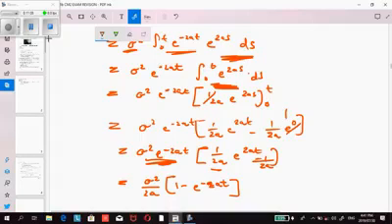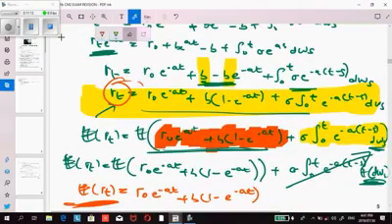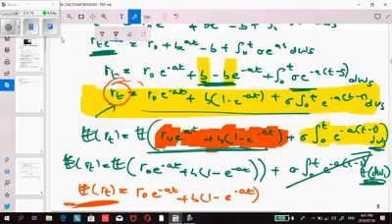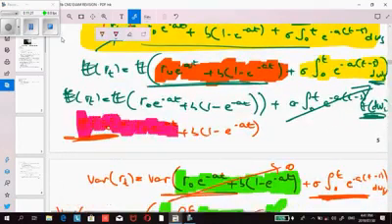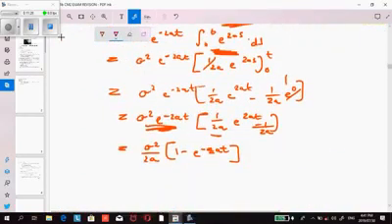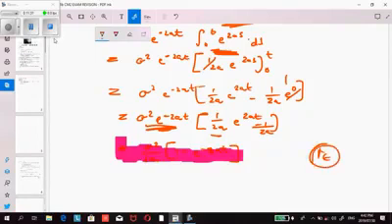So, answering our question here, we have got our expectation equal to this, and we have got our variance equal to this. Obviously, this is the expectation and the variance of R sub t.